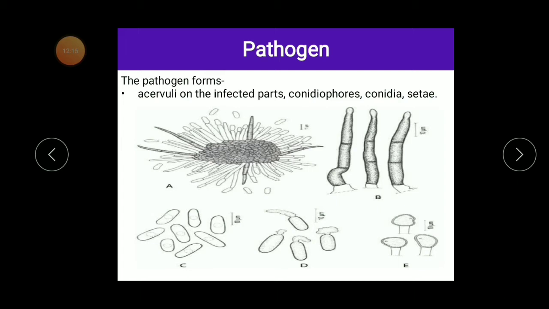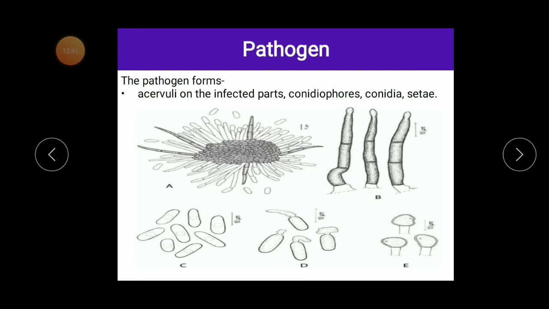The conidiophores are slightly curved, short, and club shaped, as you can see in this E diagram, and their size is around 10 micrometers.